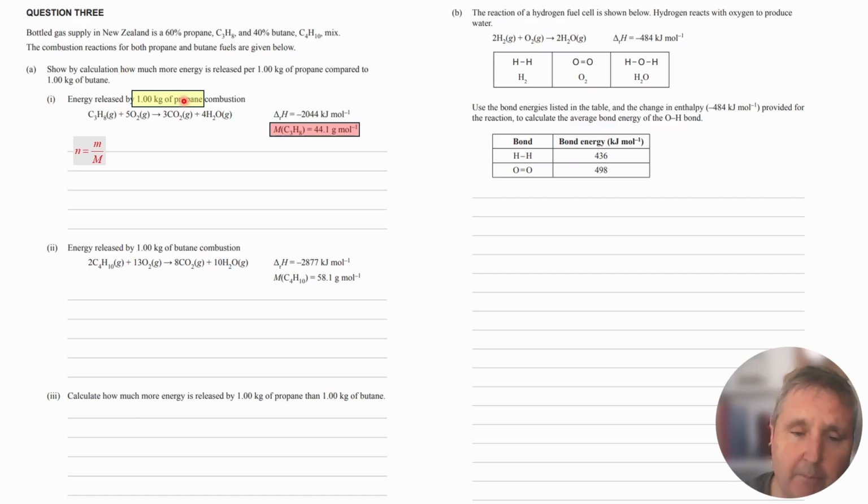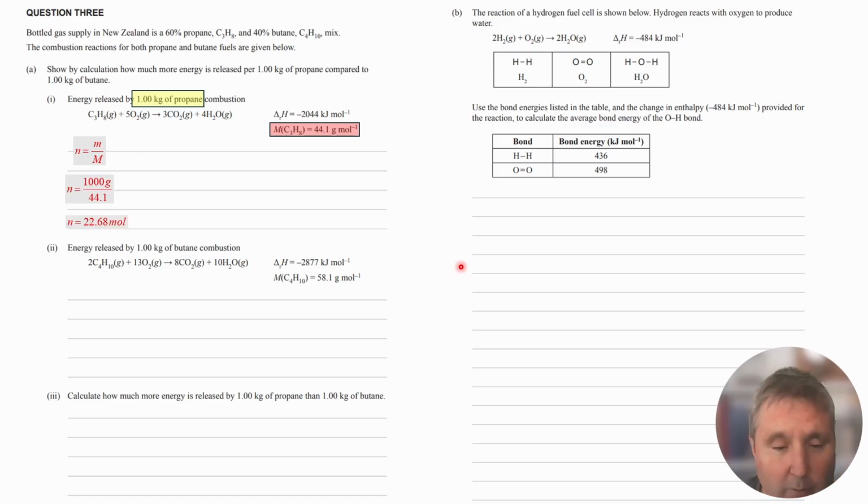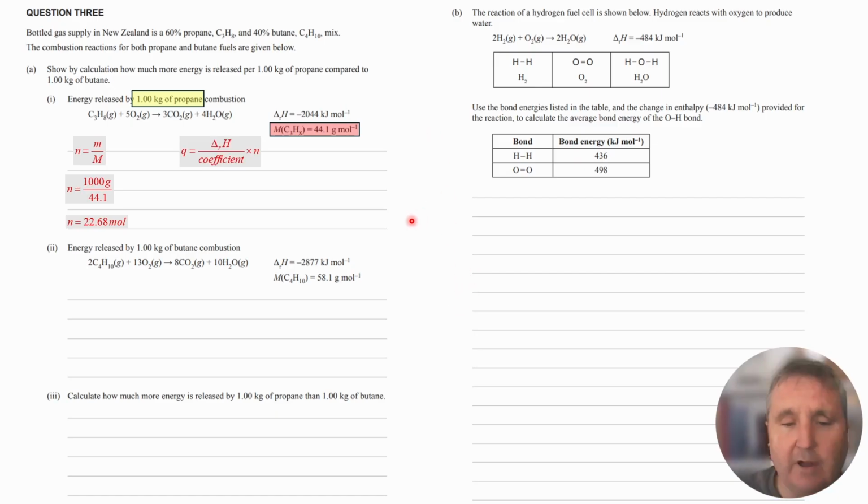Now take care, this says 1.00 kilograms, which is 1,000 grams. So we have 1,000 grams, and here we have a molar mass of 44.1. We put this in and we get how many moles? That's 22.68 moles. And remember we're using that equation, Q equals delta rH over coefficient times n.